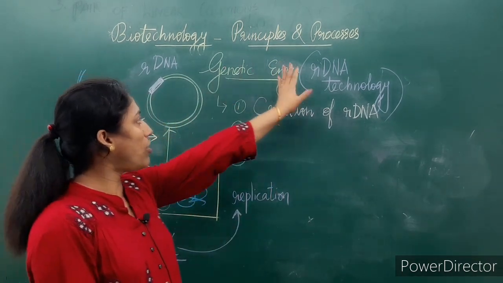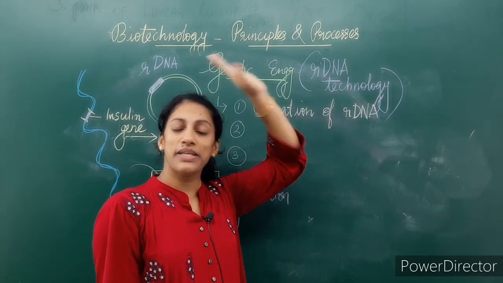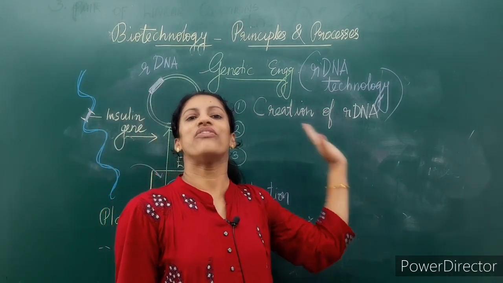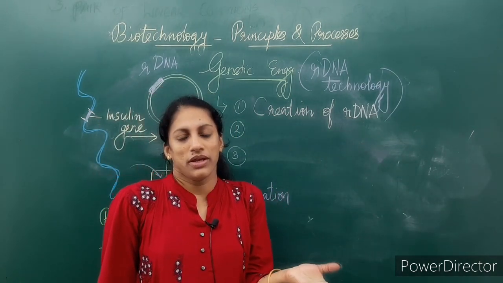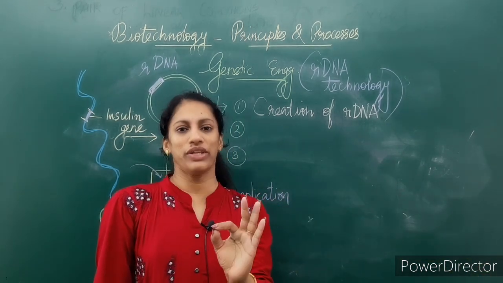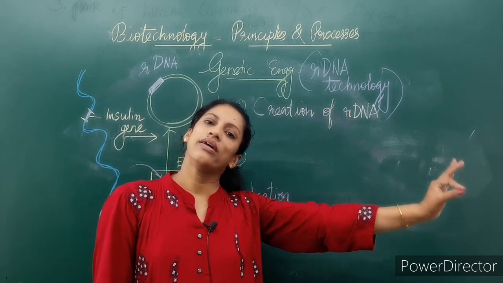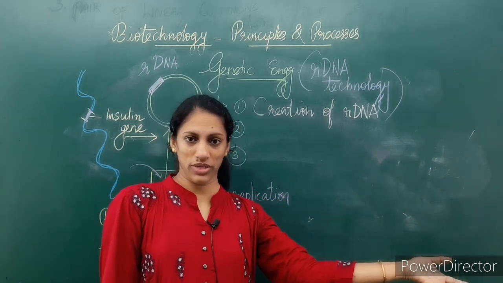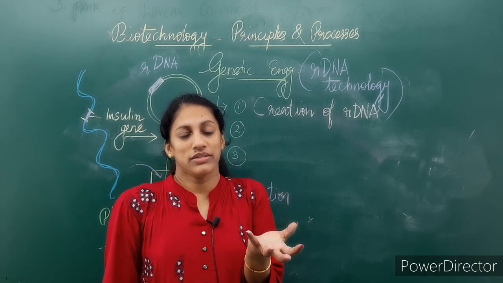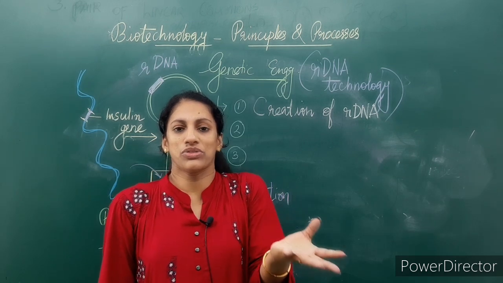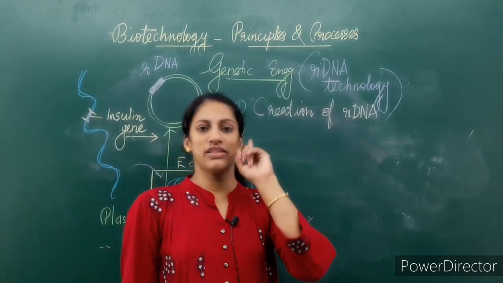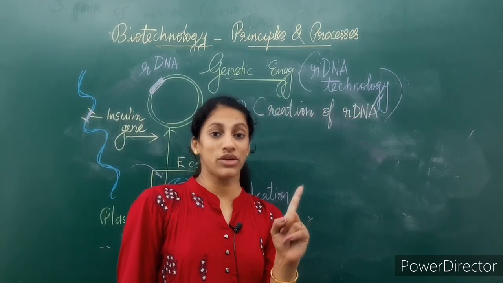How is it produced? By transferring our gene or plant gene or any other gene of interest, mostly to a plasmid or any other alien DNA. If any desired DNA is introduced to some other genome, that is known as a rDNA.